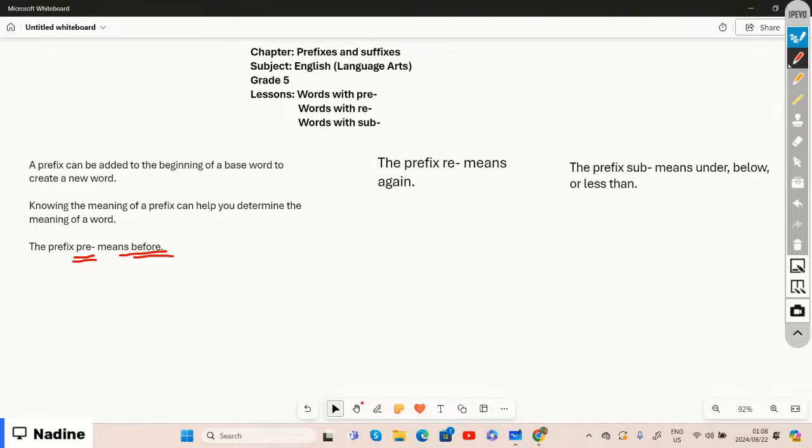All right, so the first prefix, pre, means before.